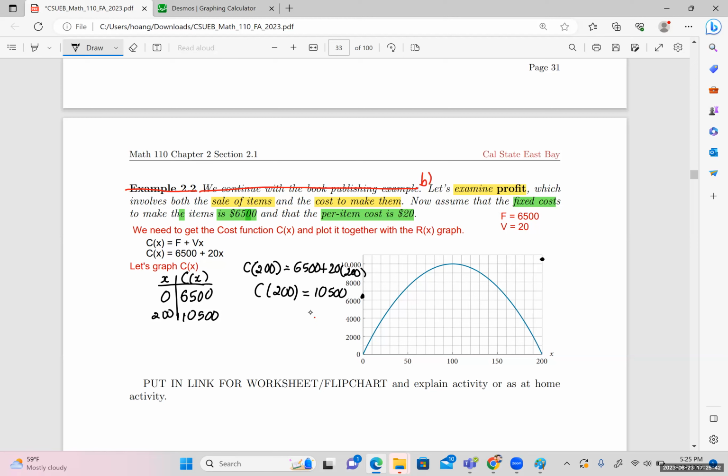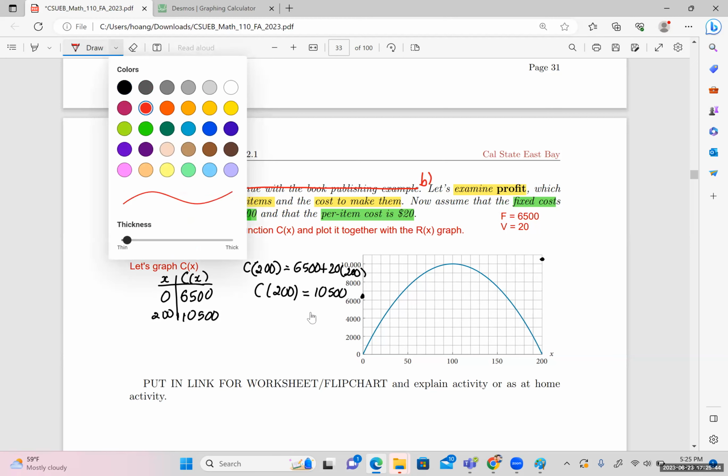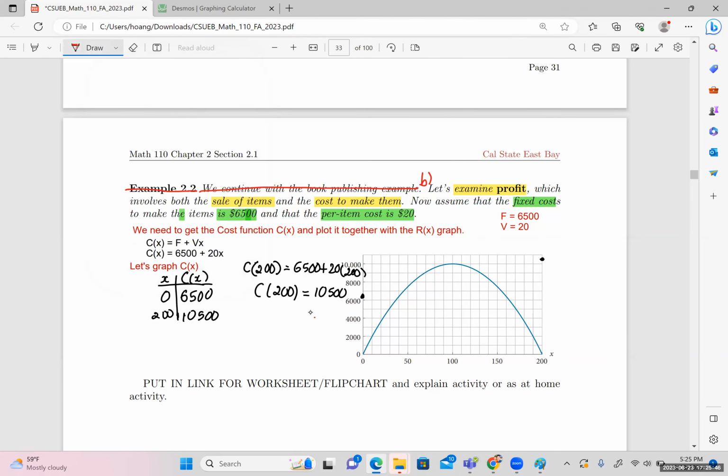According to these 2 points, I can draw a line going through them. Let me draw the line through these 2 points. Okay, now it looks okay to me.